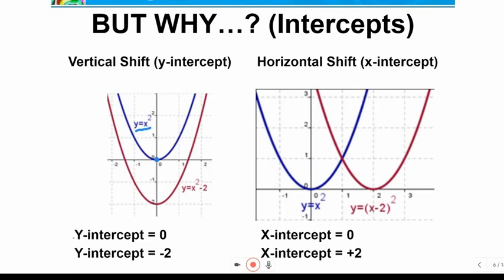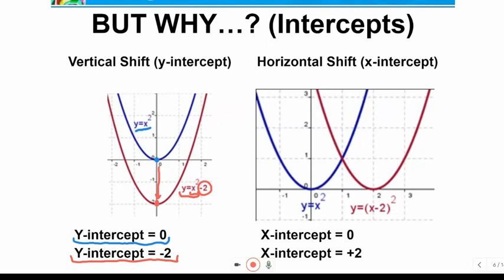If we do a shift down 2, that -2 on the outside of our function, the graph ends up moving down 2, so our y-intercept changes. That's why the vertical shift is pretty easy: a -2 moving down 2, a -2 y-intercept.